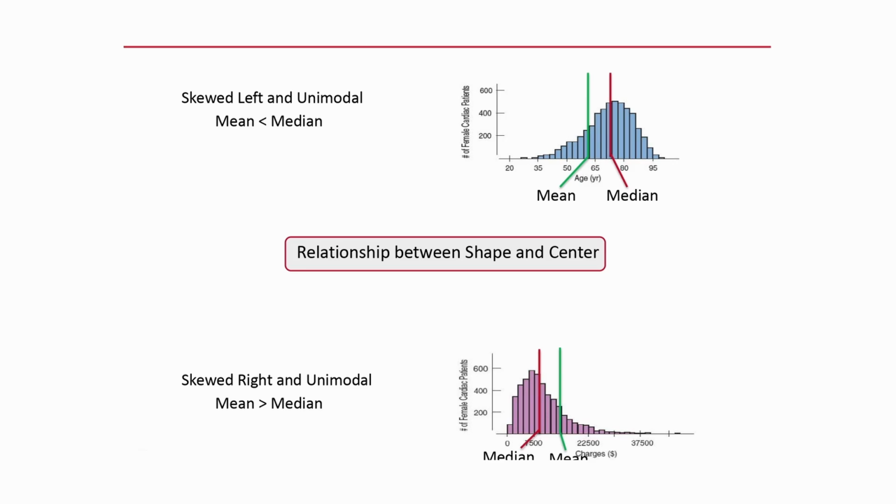Some of the reasons why this is, take skewed left for instance. Skewed left data is symmetric data that has an extra long tail on the left. So if you were to start with symmetric data, where the mean and the median are in the middle of the hump, but then you add a tail to the left, well, you're going to have to include those in the mean when you add up all the values. So you're going to get more of those values there on the left. So the mean will shift to the left.